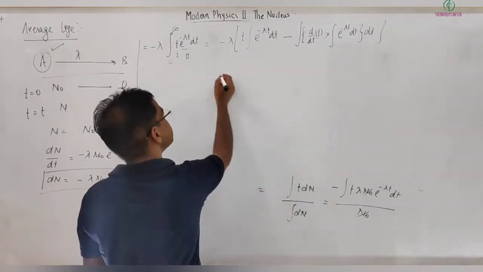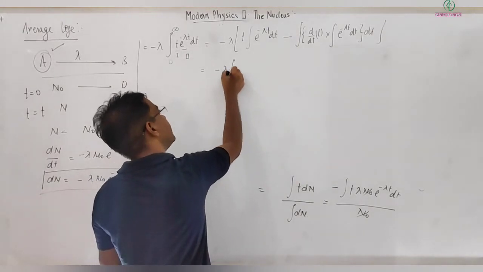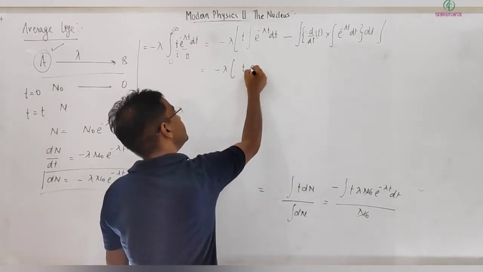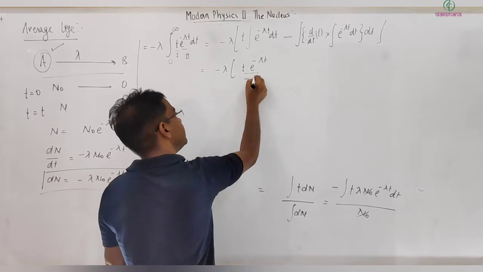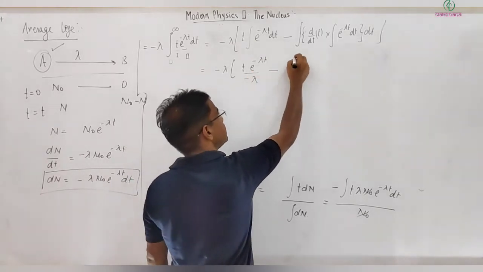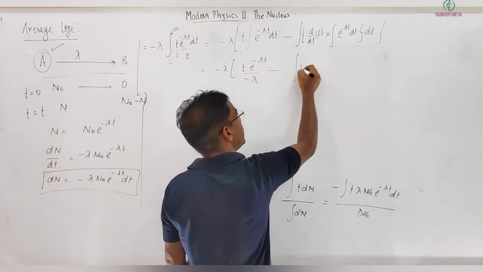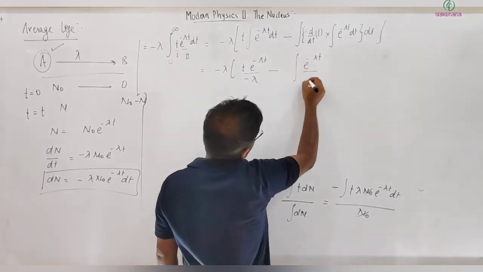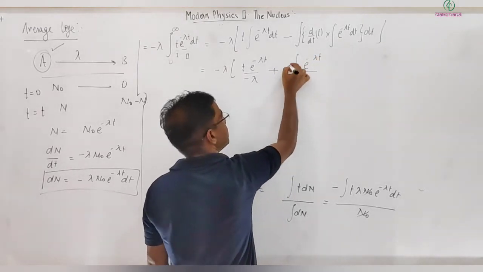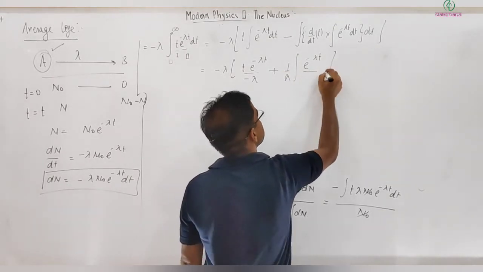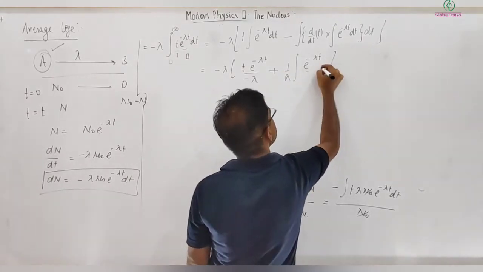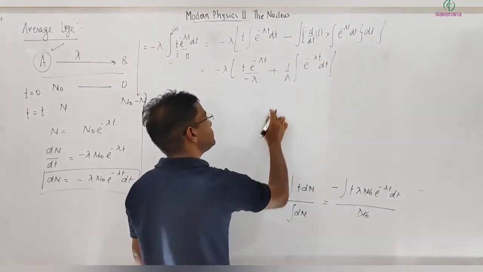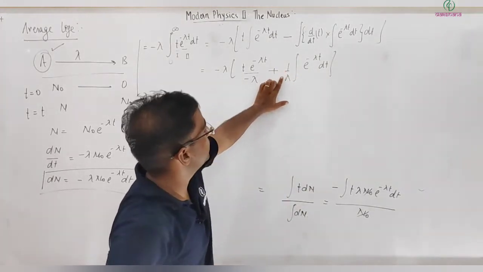Is it so? This is minus lambda, this is t e raised to a minus lambda t divided by minus lambda, minus integration, this is 1 into integration of this, e raised to a minus lambda t divided by minus lambda. I am taking it outside directly, I am writing this into this dt. Okay, so we got it up to here.